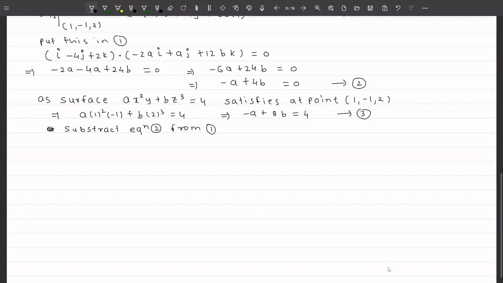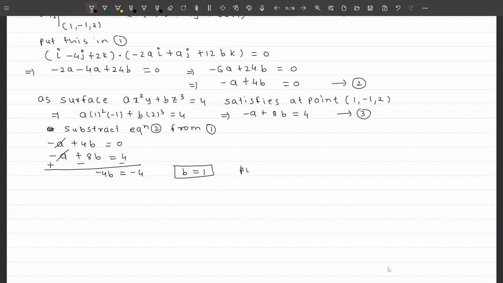So −a + 4b is equal to 0 and −a + 8b equals 4. We need to subtract, that means minus and minus. So this and this get cancelled. 4b − 8b is −4b. It is equal to −4. So that means b is equal to 1.